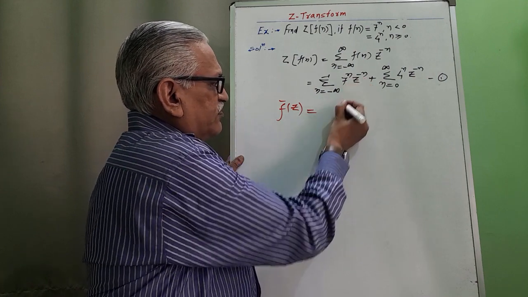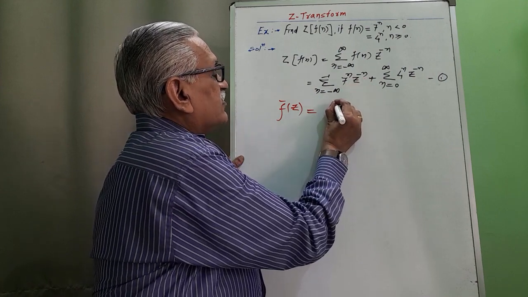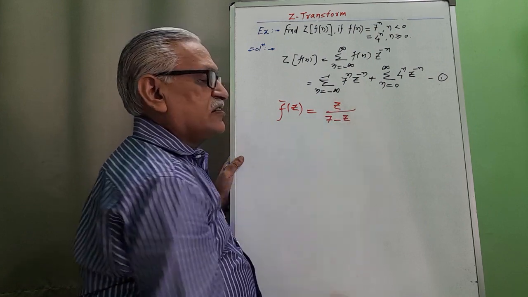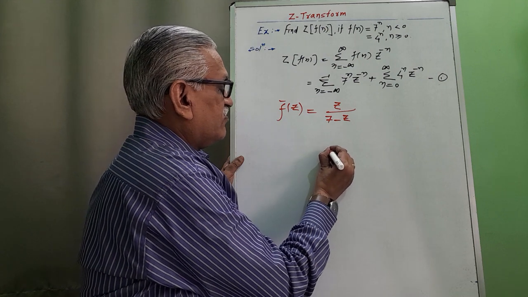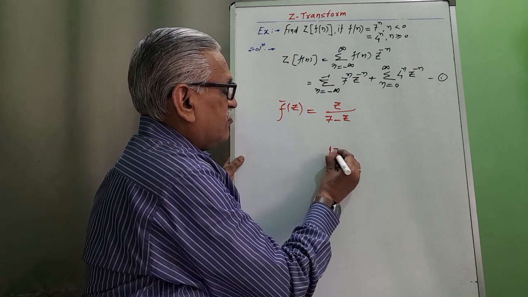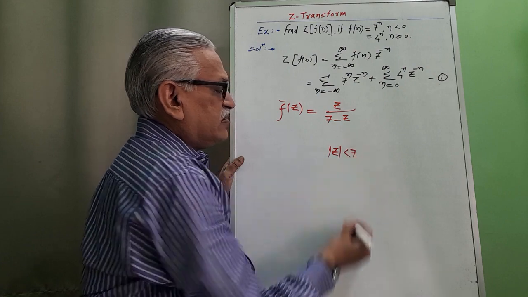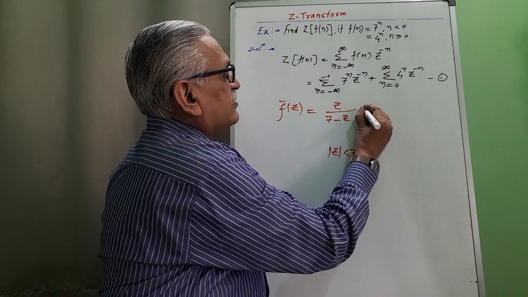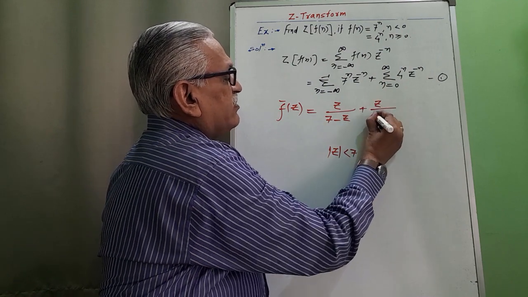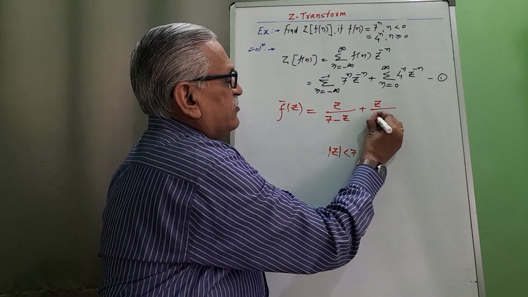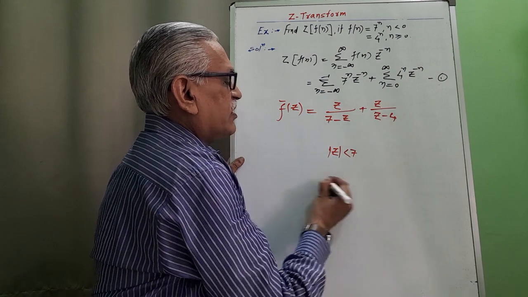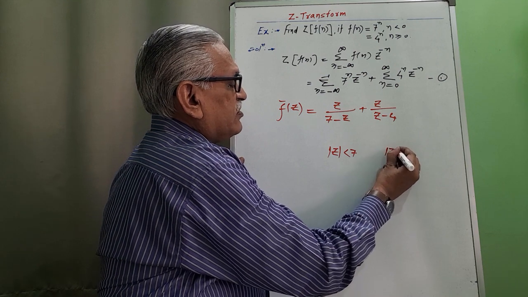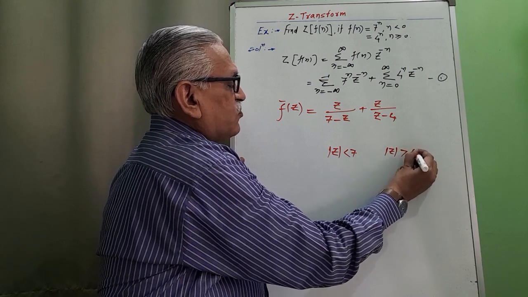Z of the first term is z divided by 7 minus z, condition mod z less than 7, and Z transform of the second term is z divided by z minus 4, condition is mod z greater than 4.